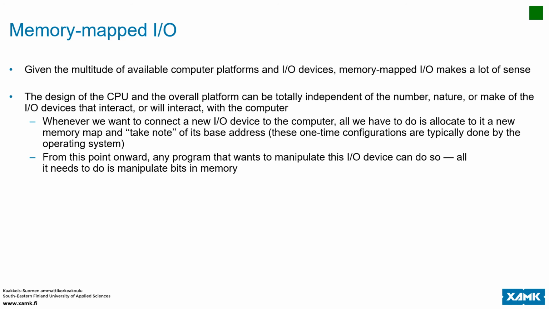So whenever we want to plug in a new I/O device, all we have to do is allocate it a new memory map, take note of this memory map's base address, and from then on, all we have to do is have this controller manipulate these bits in the memory according to what the I/O device is doing.